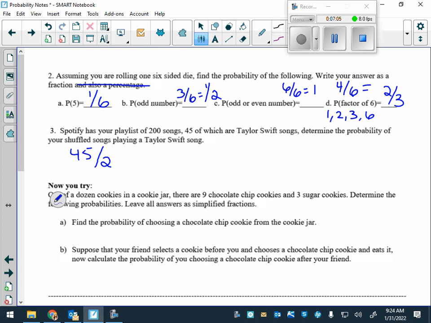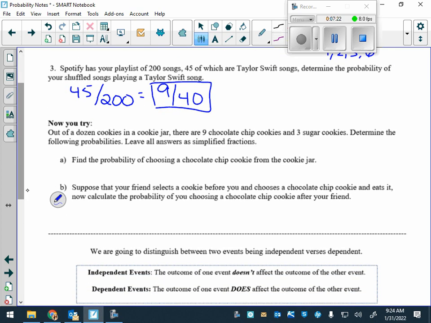Good. 45 out of 200. What does that reduce to? Go ahead, Kate. 9 over 40. Excellent. Good. How many of you guys got that? Perfect. Good. All right, so now you guys are going to try in terms of a dozen cookies.